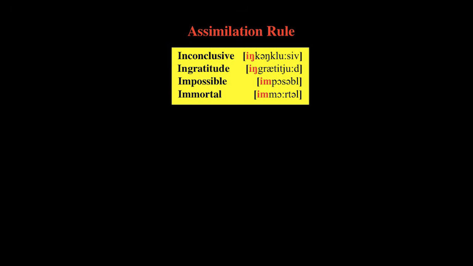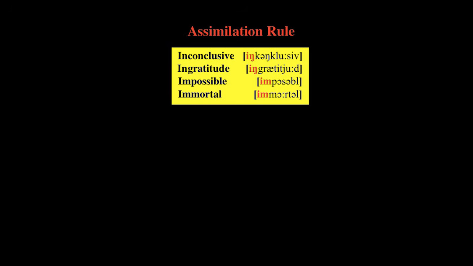Here we have assimilation. Why? We've already talked about this in the previous videos. This is a typical case of regressive assimilation in which the second sound affects the first sound. So they agree in what we call place of articulation.